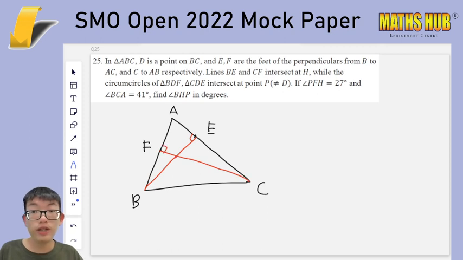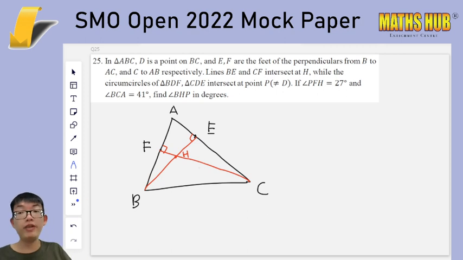Now, BE and CF intersect at H. H is the orthocenter. Orthocenter is because in every triangle, all 3 perpendiculars are supposed to intersect. So we don't know whether we will want to draw an H in, but we might. We'll see.